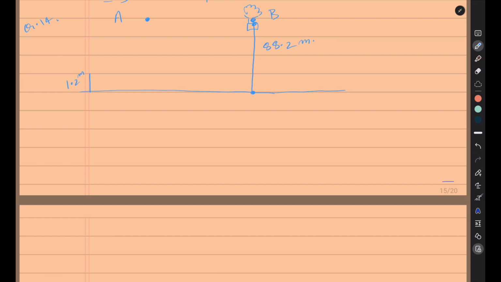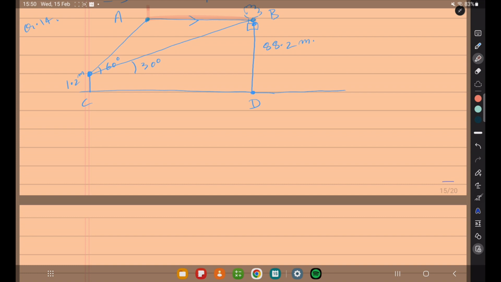The first position of the balloon, hot air balloon, is this one, and then it makes 60-degree elevation on girl's eyes, and then the balloon just moves horizontally some distance which we don't know, and after some time the angle of elevation reduces to 30 degree, and they are talking about this angle of elevation when the balloon has moved here from point A to point B.